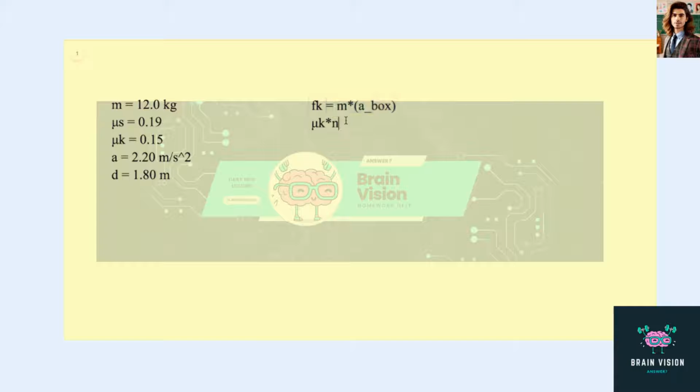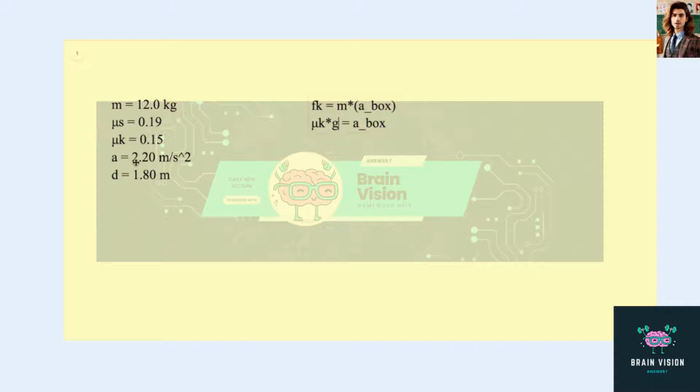And since this box is just sitting on a level bed, the normal force is just going to be the mass times g. So when we solve for this acceleration, we can cancel out the m on both sides, and that gives us that the acceleration of the box is equal to mu k times g.